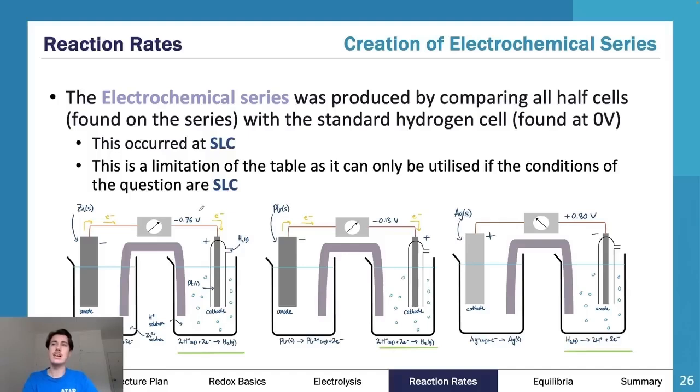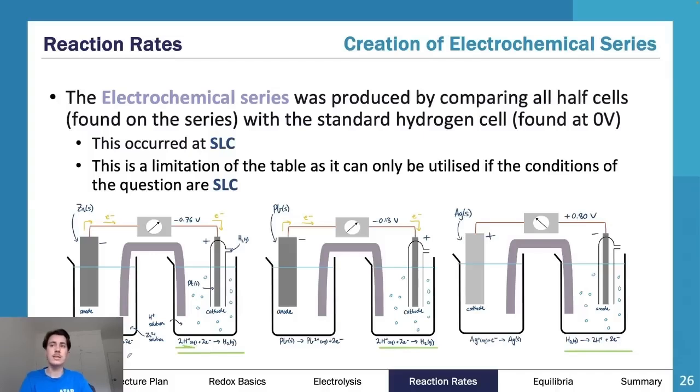As you can see here, the zinc went from left to right, which meant that the zinc was an anode, and it told you that Zn2+ was a weaker oxidant than H+. So H+ is a stronger oxidant than Zn2+.